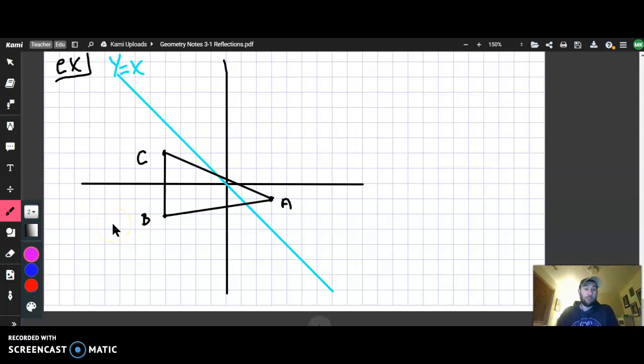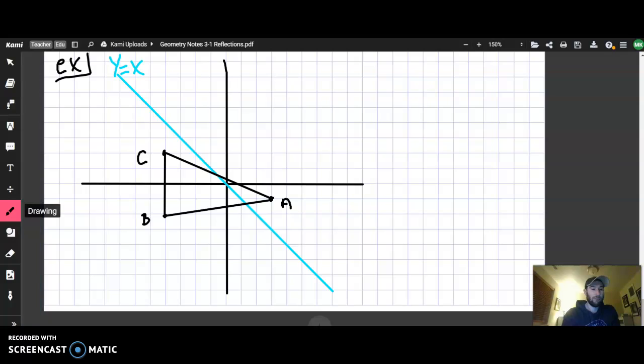So, ladies and gentlemen, in this example, we have our shape ABC over the line y equals x. So it is overlapped. And so all the steps that I've described already are the same. We're drawing our perpendicular line, we're counting how far away we are, and we're just plotting our new point. It just so happens that it's going to be looking a little messier.